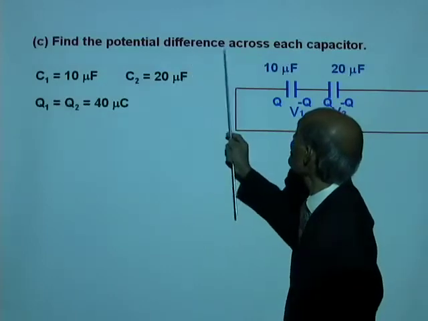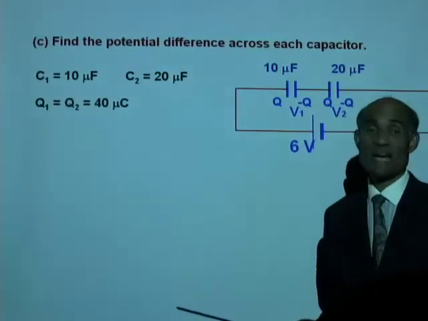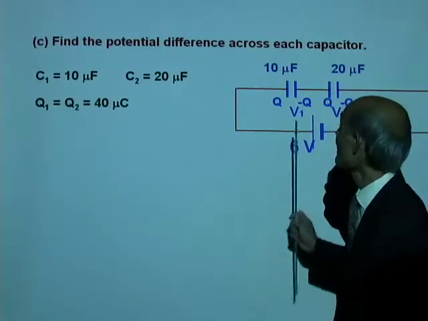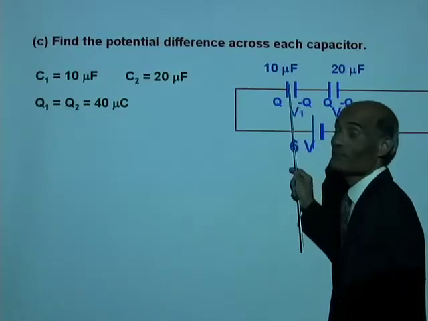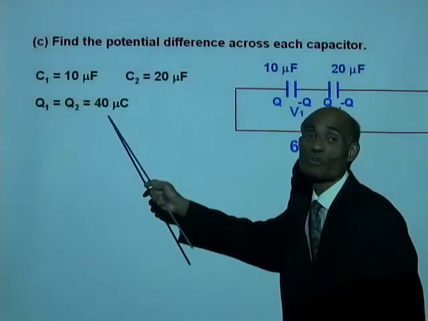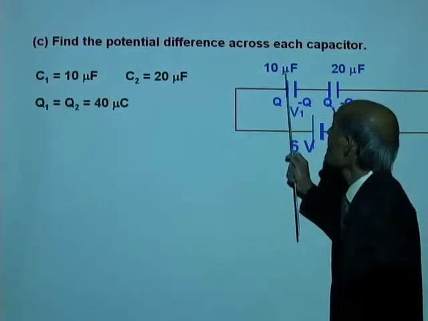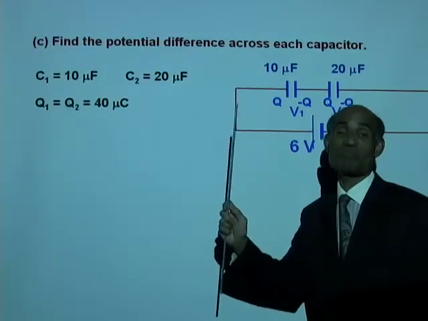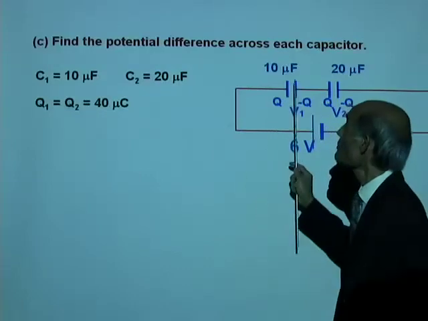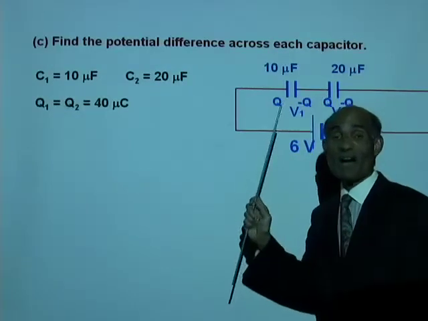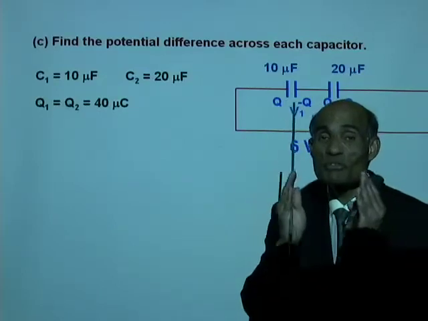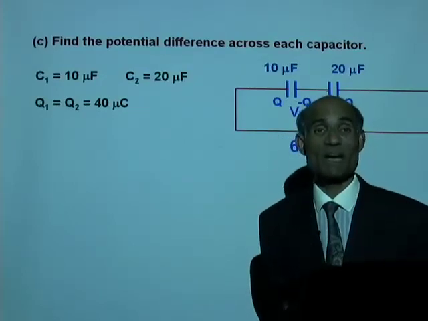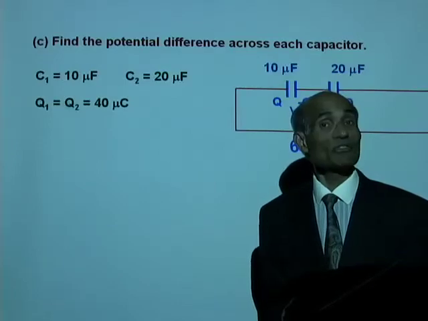Find the potential difference across each capacitor. Well, you know the charge on capacitor 1. How much is it? 40 microcoulomb. You know the capacitance of the first capacitor. If you know the capacitance and the charge on the capacitor, can you find the potential difference across the plates of the capacitor? Yes.